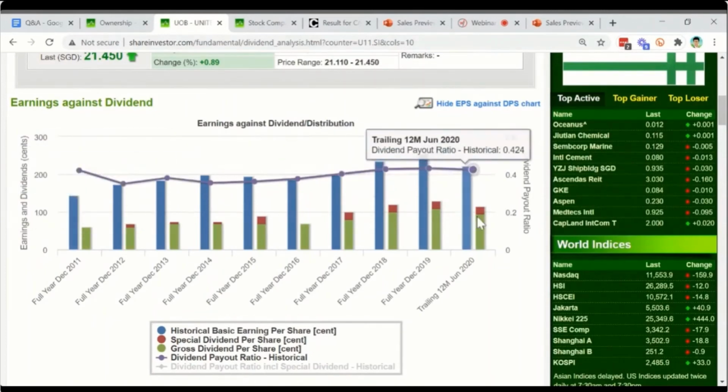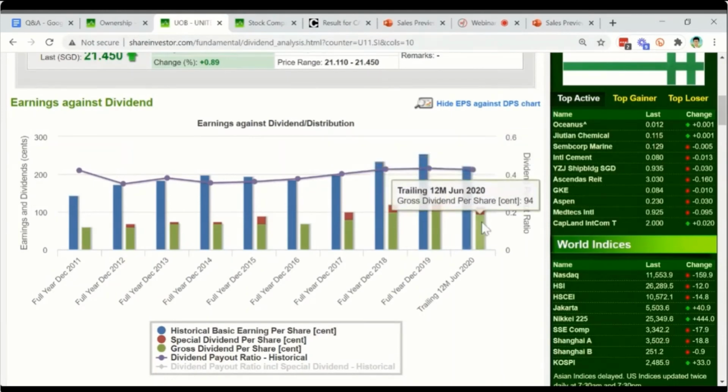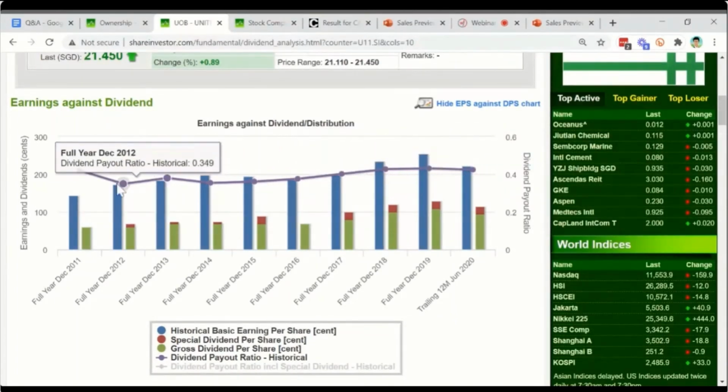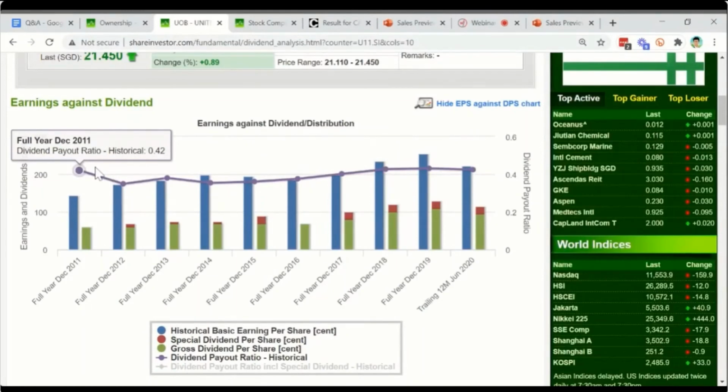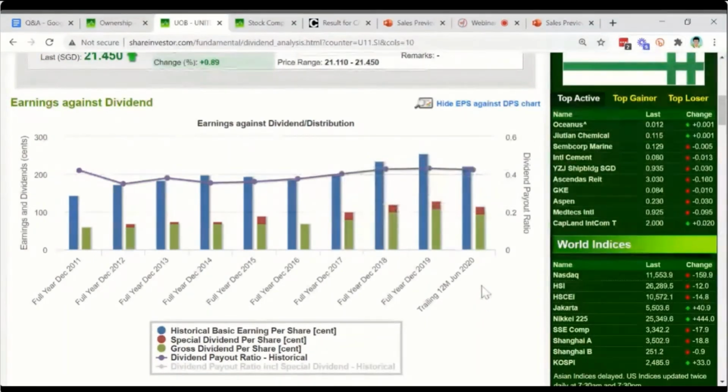The earnings have been going up, the dividends have also been going up, and they have maintained a payout ratio of around 0.4 times. So this is a pretty good standard UOB is following. And even so, they are also giving out special dividends on and off.